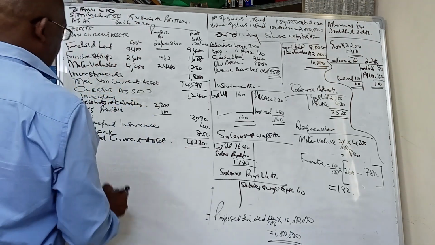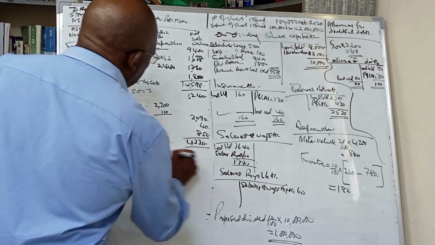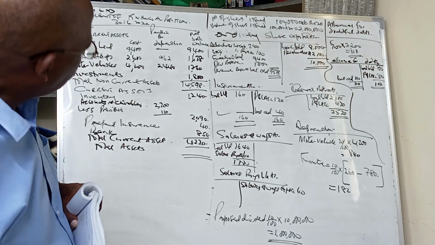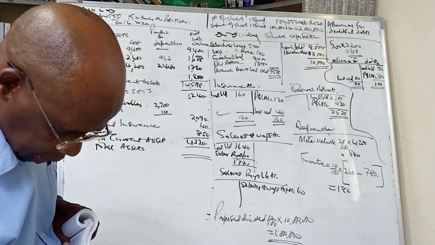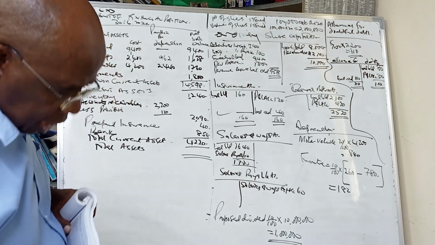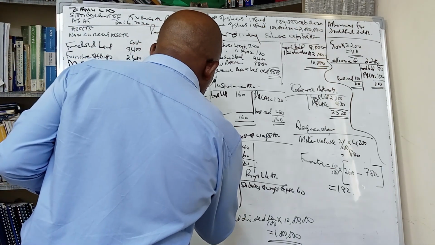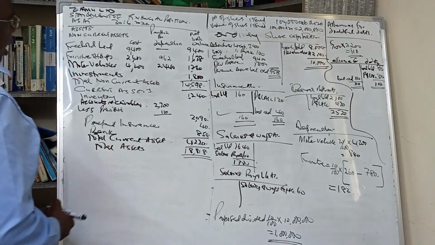Then we say total assets. We add total current assets to total non-current assets to get total assets. So we add 14,598 plus 4220. We get a figure of 18,818. Those are the assets.